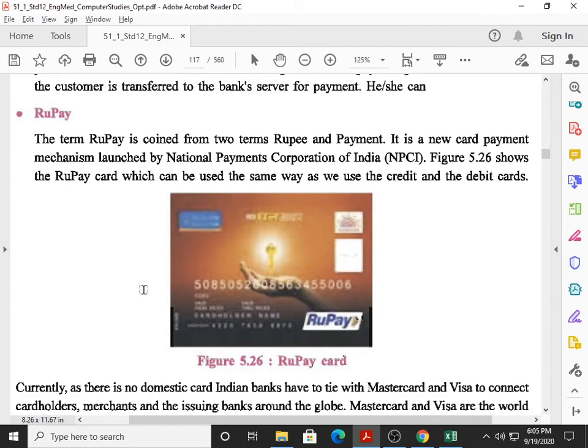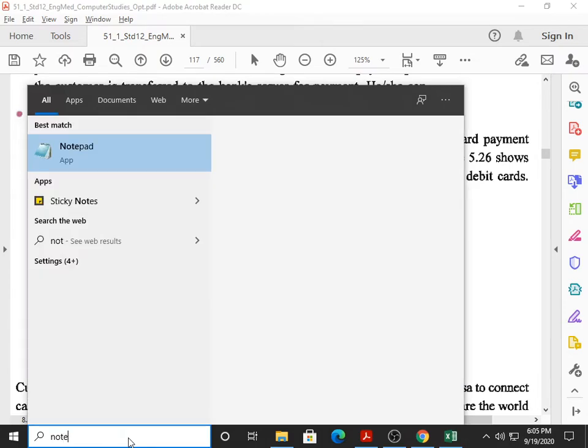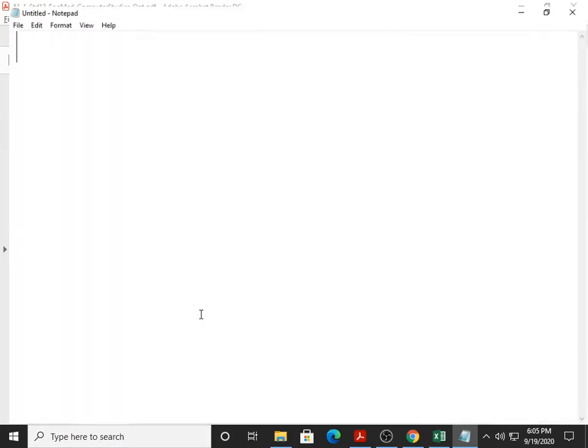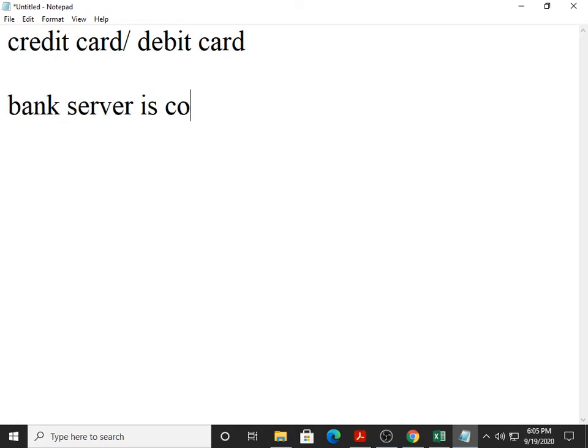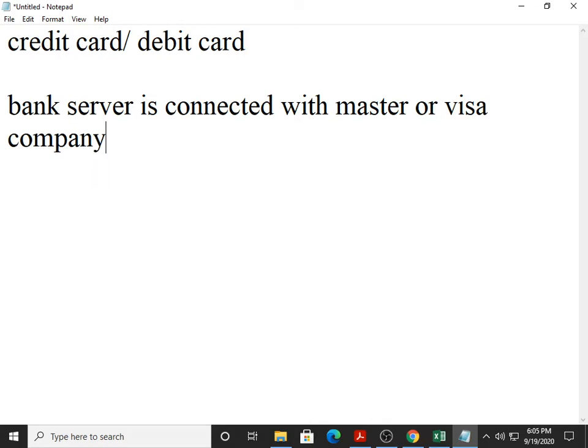Then the last topic of this lesson is RuPay. Now, before I explain about RuPay, look at this. Whenever you are using a credit card or debit card, the bank server is connected with Master or Visa company. Why?